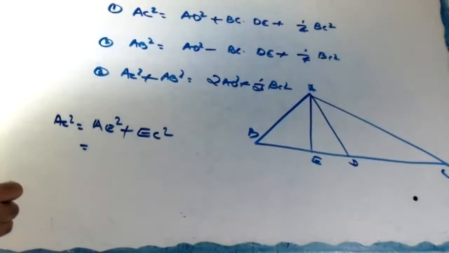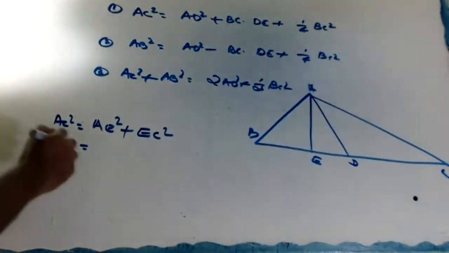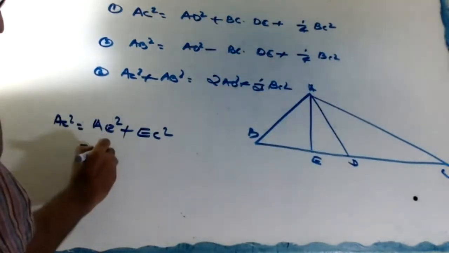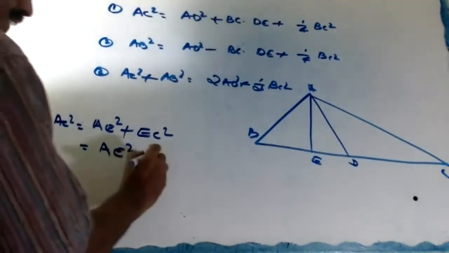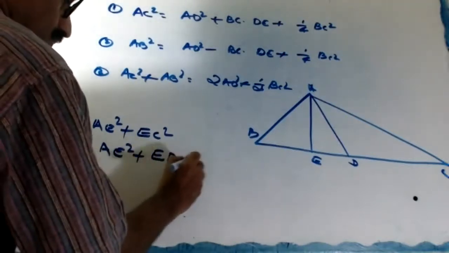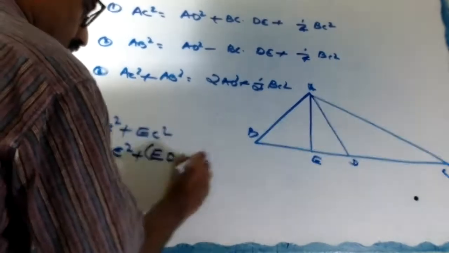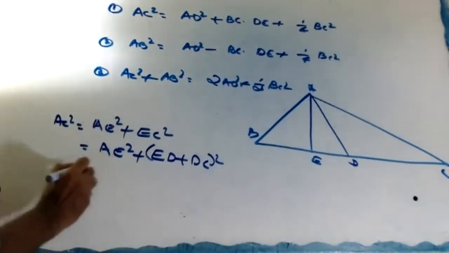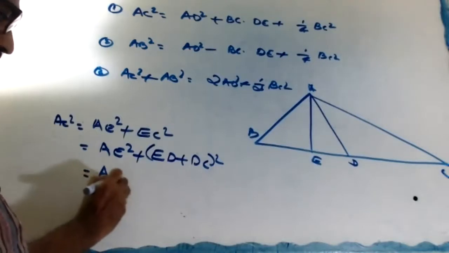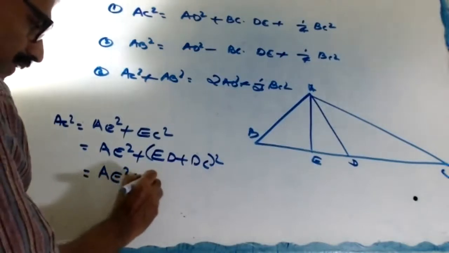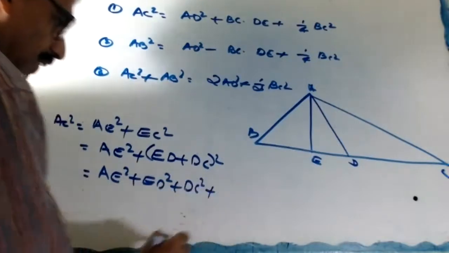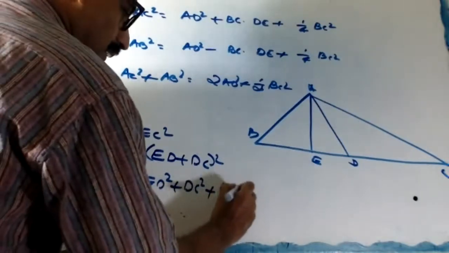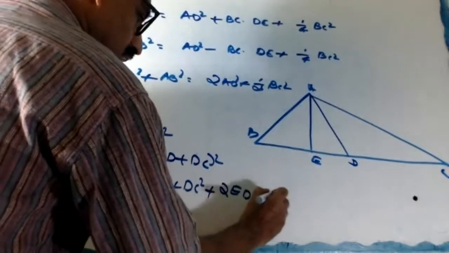Then AE square plus EC is ED plus DC whole square. Then AE square plus ED square plus DC square plus 2 ED into DC.